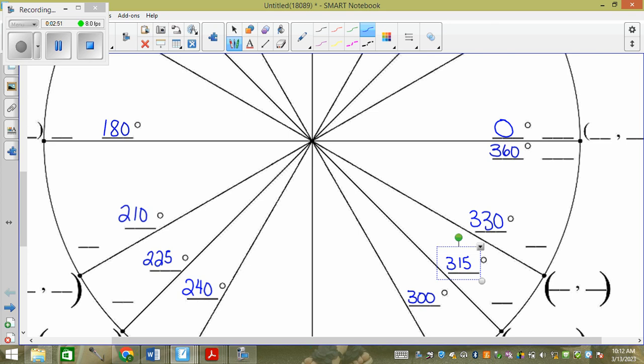So the next place I go when I'm doing any coordinates is I go to the ones because it has a radius of 1.